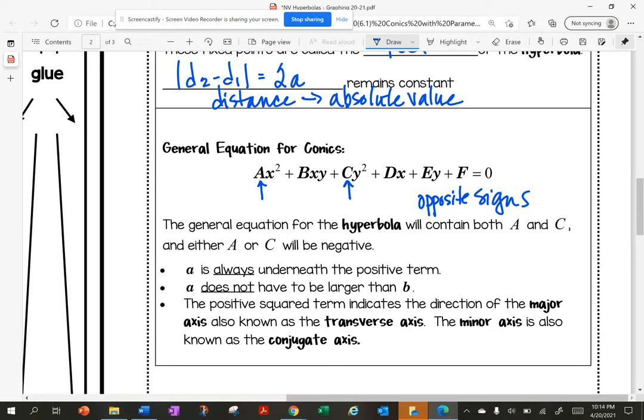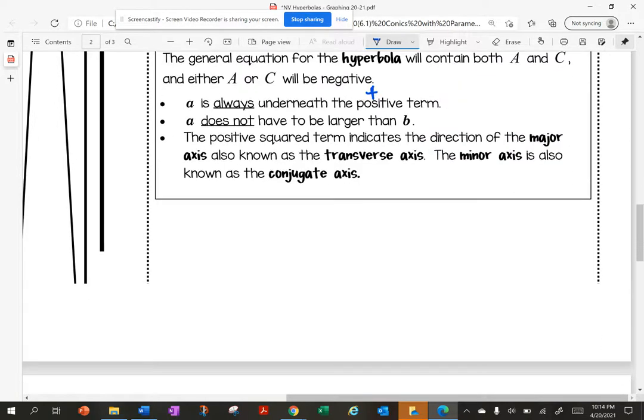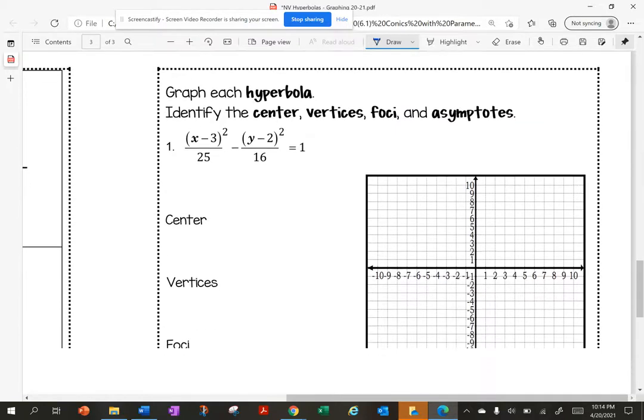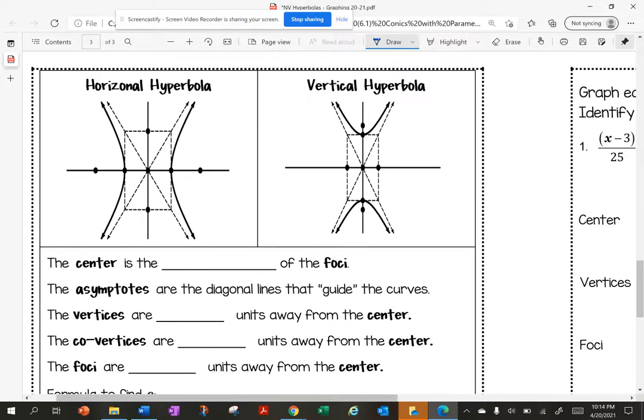So A is always under the positive term. A does not have to be larger than B. So the positive squared term indicates the direction of the major axis, which is called the transverse axis, and the minor axis is called the conjugate axis. Okay, so we can have a horizontal or a vertical hyperbola.